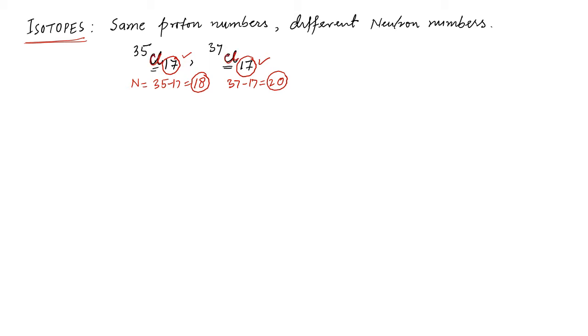The second is isobars. These have the same mass number but different proton numbers.